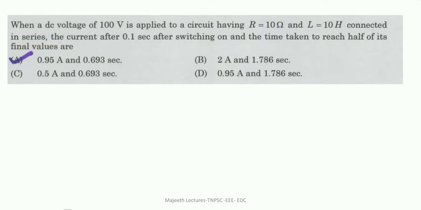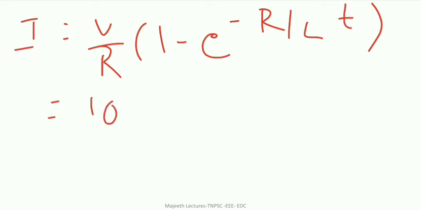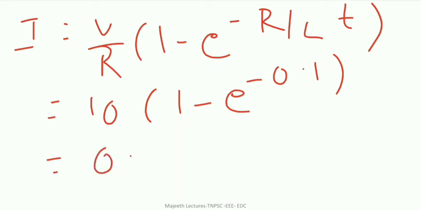For RL series, I is given by I is equal to V by R into 1 minus e power minus R by L into T. So I is equal to 10 into 1 minus e power minus 1, since R is 10, L is 10, so R by L is 1, and T is 0.1. If you simplify this, it is 0.96 ampere. Clear?